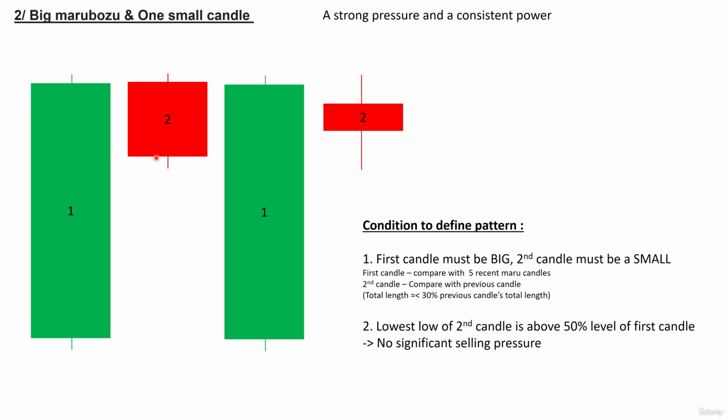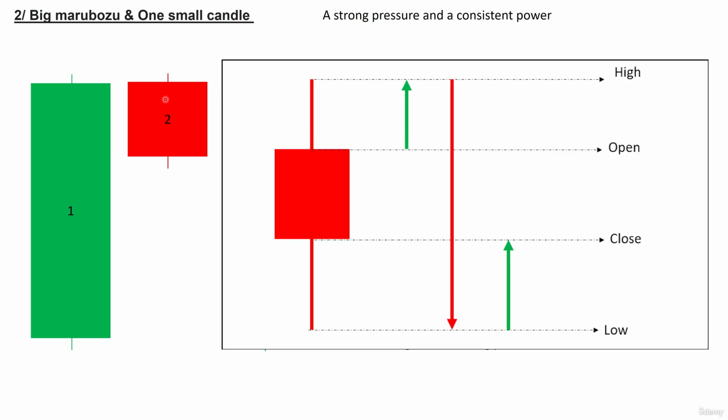And when the second candle is a small candle, you can confirm that the pullback pattern right over here only has a strong pressure and a consistency power, and has no reversal power inside of the second candle, because for the doji and the bin bar, you already learned the definition of these types of candles. Inside of these candles there is always reversal power.